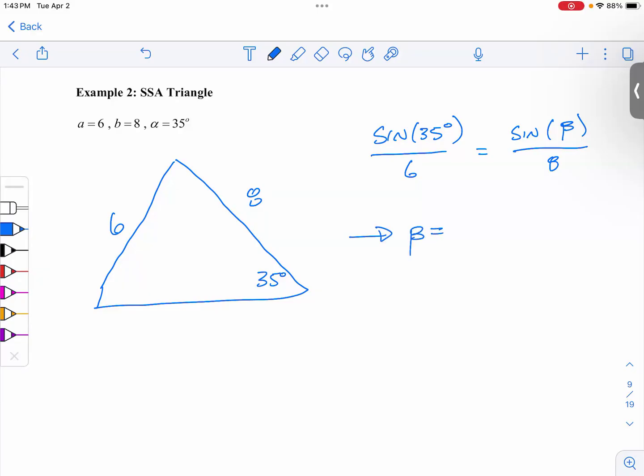And then we can solve that down. And then once I have that, fill in your missing value, using the sum of all the angles makes 180.